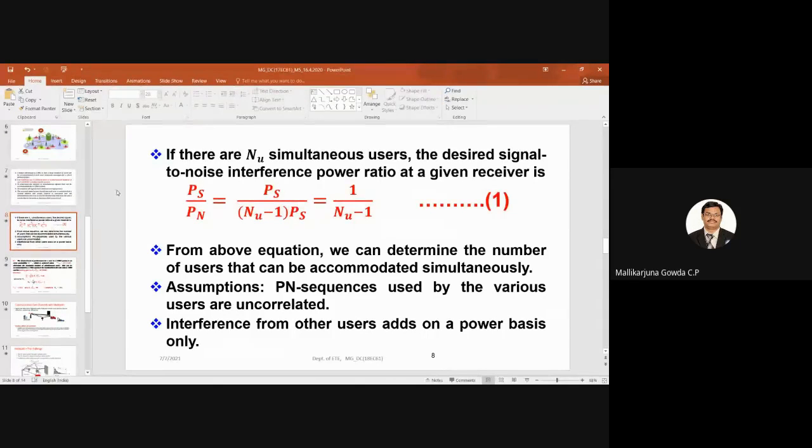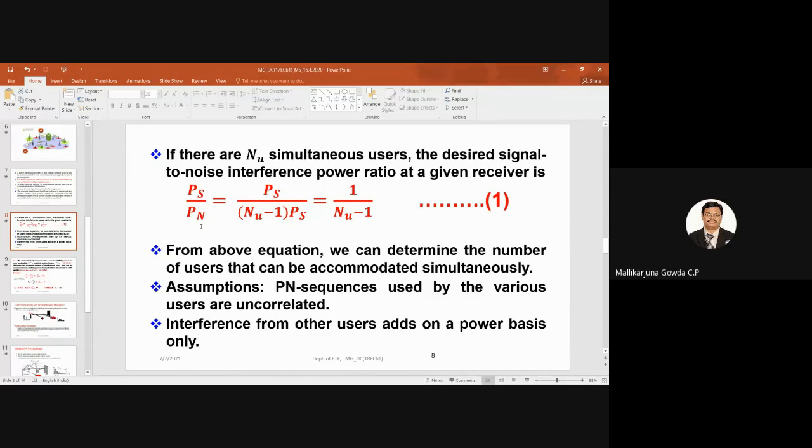The desired signal to noise interference power ratio at the given receiver is given by this formula: Ps by Pn, where Ps is the desired signal power and Pn is the noise power.